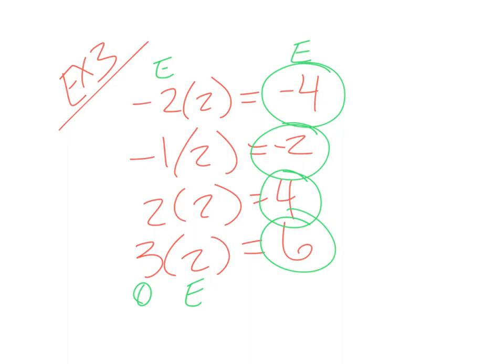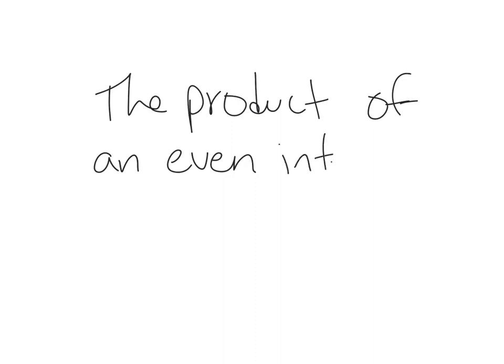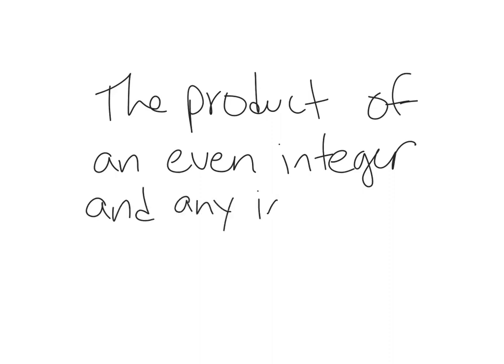Does that make sense? So we can conclude that the product, which means multiply, of an even integer and any integer, doesn't matter if it's positive, negative, odd, or even, any integer, the product is what?